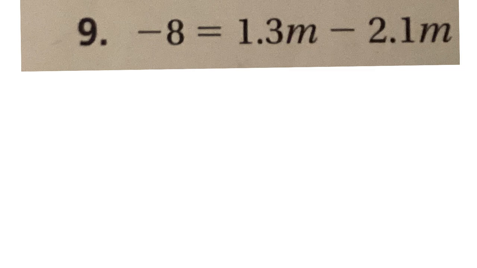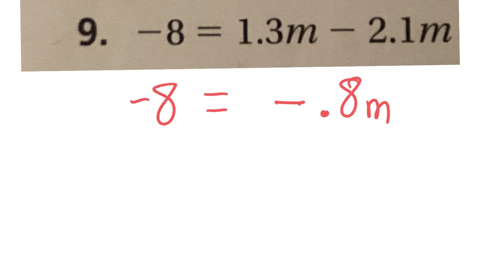All right, let's try this one. If we do the like terms, we put the like terms together, 1.3m minus 2.1m, that's going to get me a negative 0.8m equals negative 8.